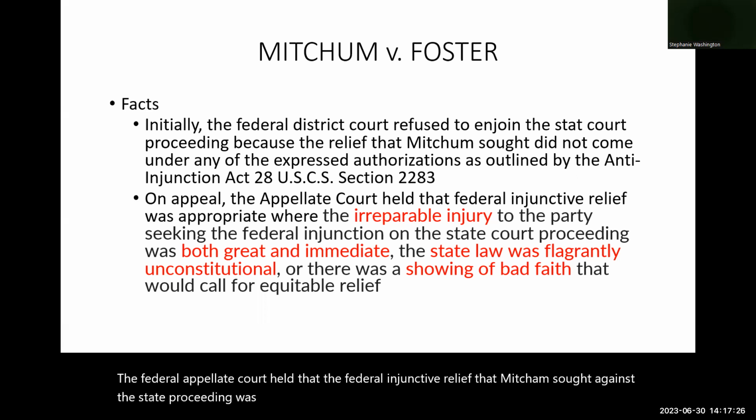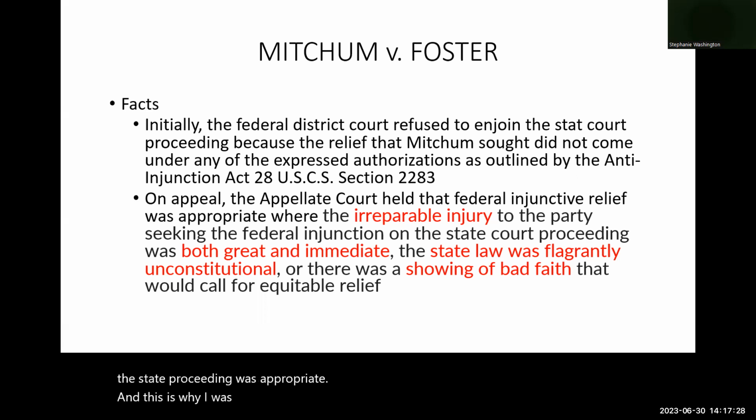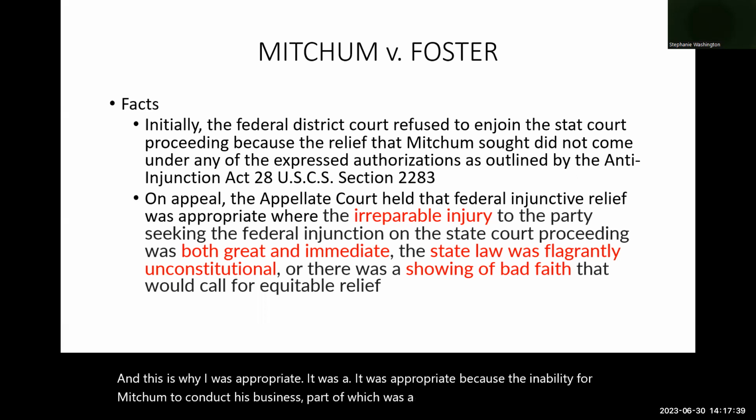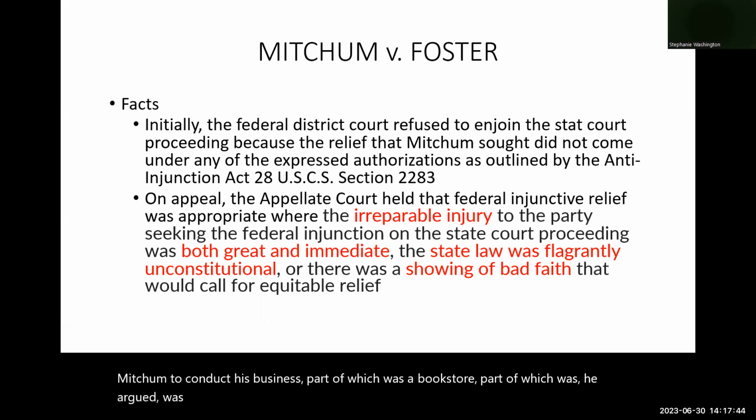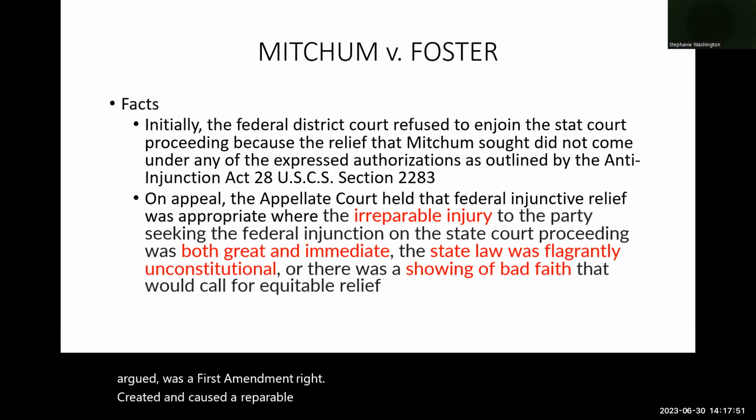The federal appellate court held that the federal injunctive relief that Mitchum sought against the state proceeding was appropriate. And this is why it was appropriate. It was appropriate because the inability for Mitchum to conduct his business, part of which was a bookstore, part of which was, he argued, a First Amendment right, created and caused irreparable injury to Mitchum that the United States Supreme Court said was both great and immediate.